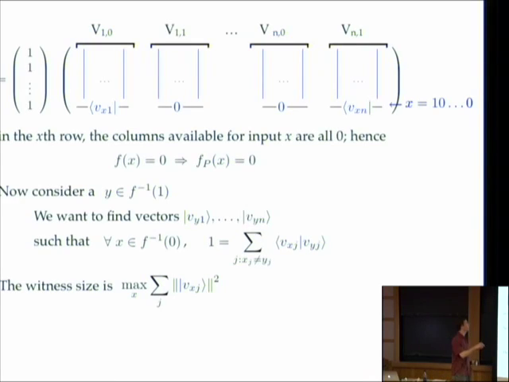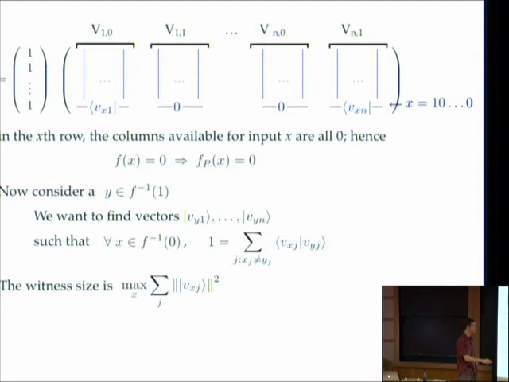And the condition, let's write out the condition. Multiplying this matrix by that vector should reach the target. That's just this: for every x, the inner product, summed over j where xj differs from yj, should equal 1.